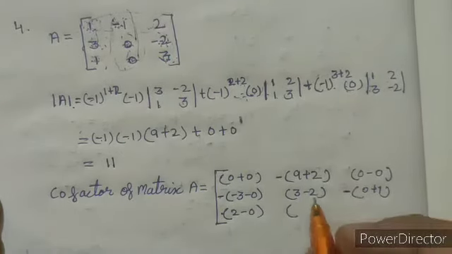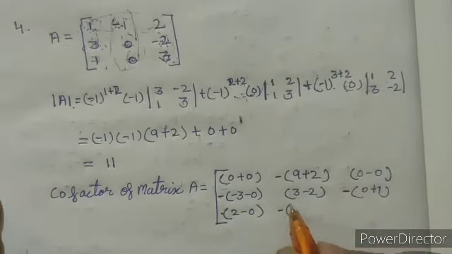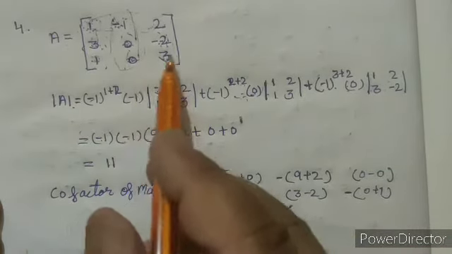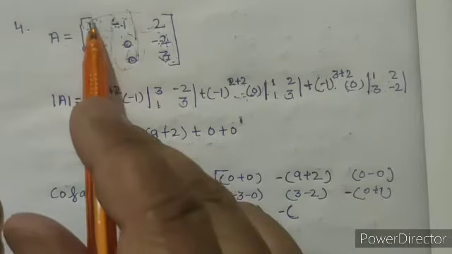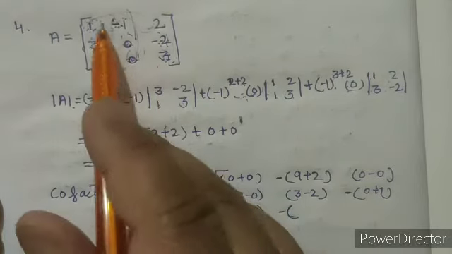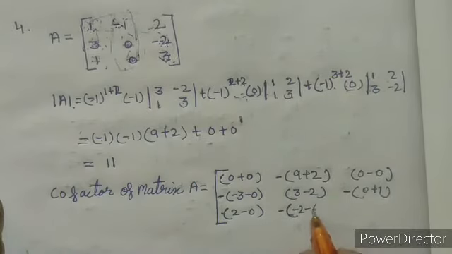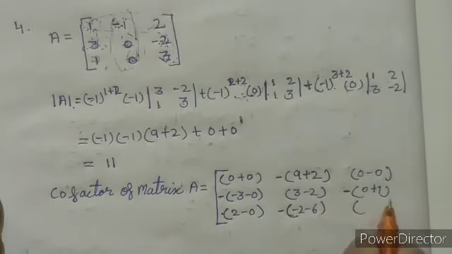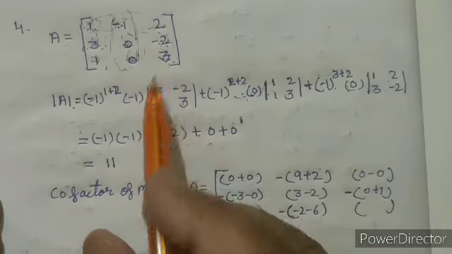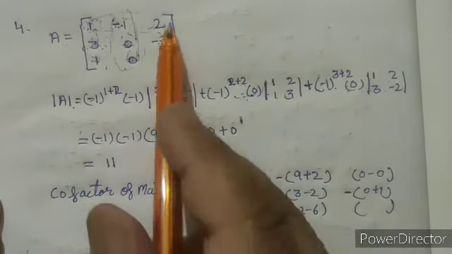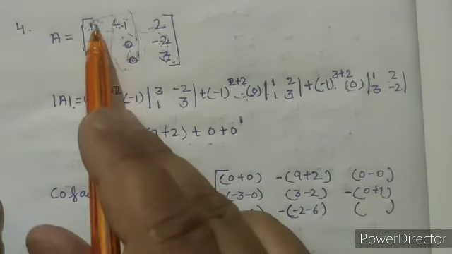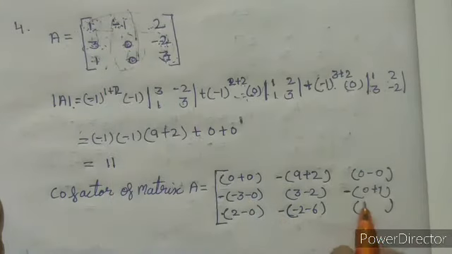Now the second element of the third row will be negative, and this will give us the determinant of 1 2 3 minus 2, that will be minus 2 minus 6. And the third element will be positive, that will give us 0 plus 3.